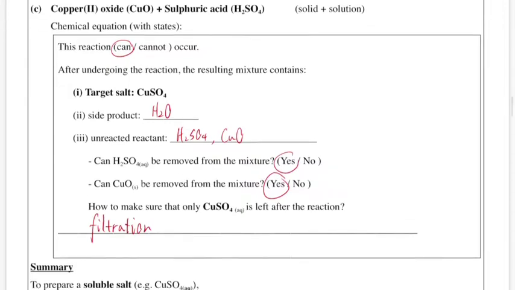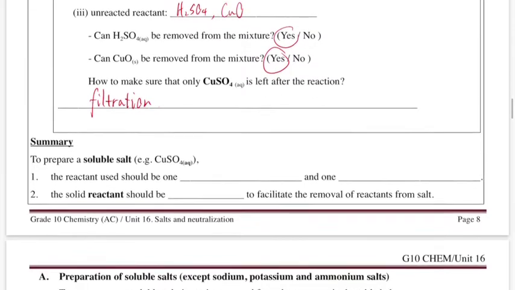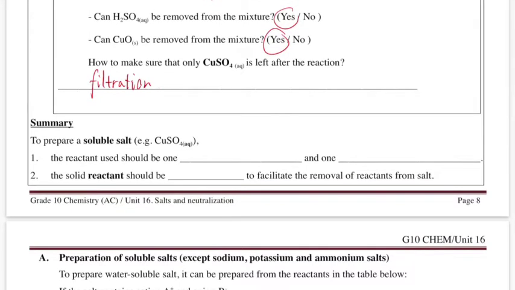Okay, so to summarize, you need to know: to prepare a soluble salt, for example, copper 2 sulfate, first you need two reactants, one that contains copper 2 ion, the other one that contains sulfate ion.